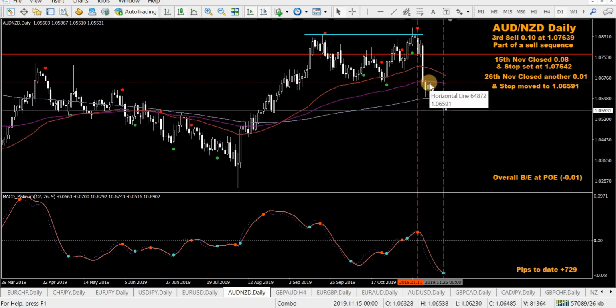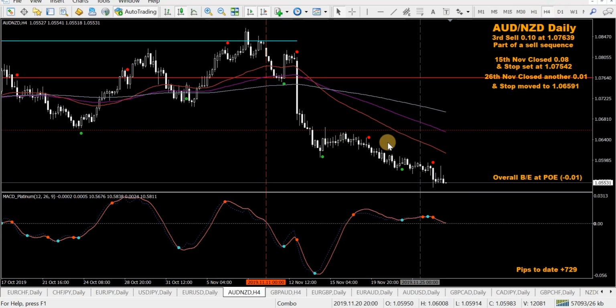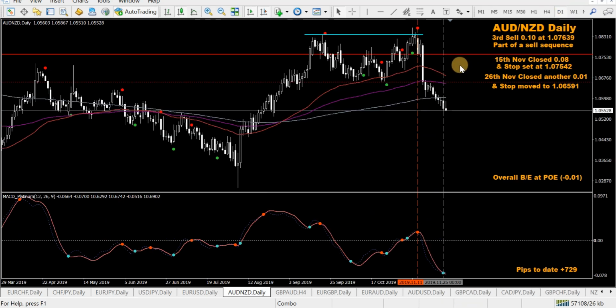So I'm just tightening it up a bit. Normally I just drop down to a 4-hour chart to have a look where I might want to place my stop. So it's just above, not looking at that candle wick there, just look at this little sort of rise there and have a look at the 4-hour chart and see what's happening. And just keep it jammed up on that. So that's a good trade, doing all right. It's not a bad pair to trade sometimes, the Aussie Kiwi.